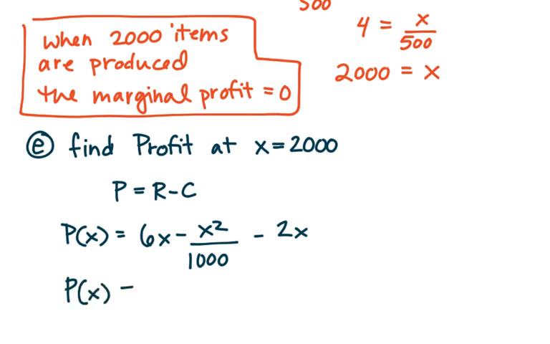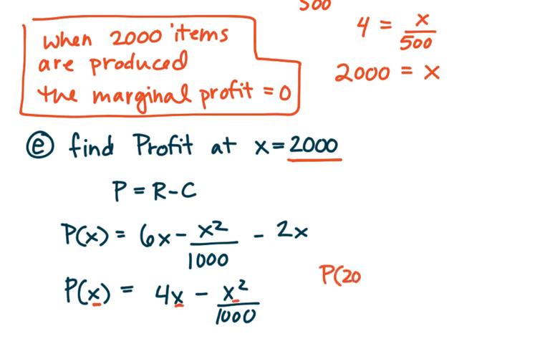So profit is equal to 4X minus X squared over 1,000. I combined like terms. 6X minus 2X was 4X. So now I just need to take that 2,000 and plug it in for X.